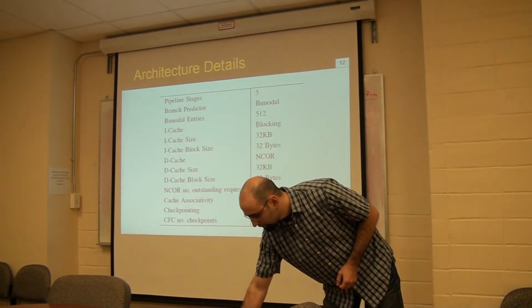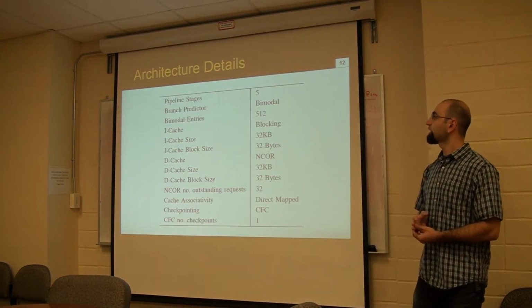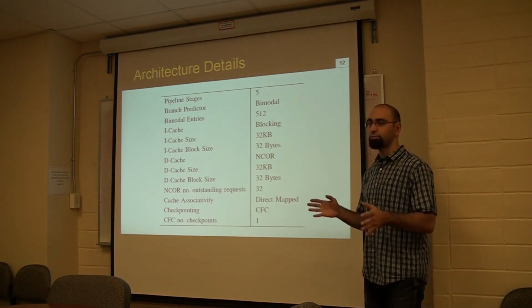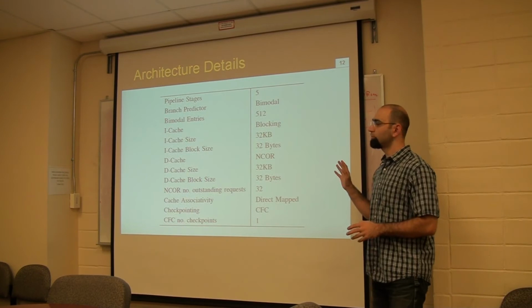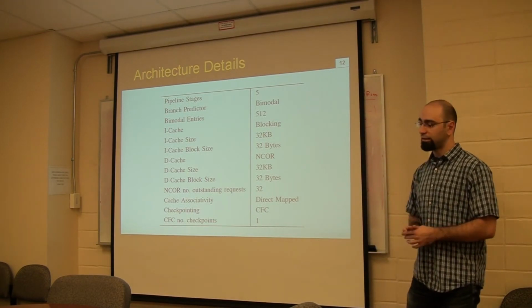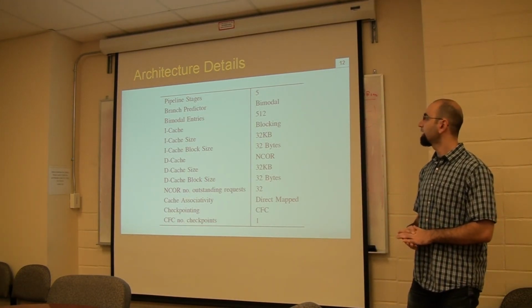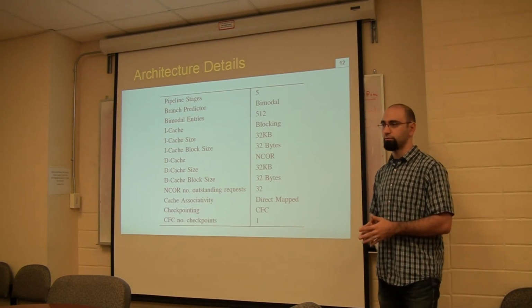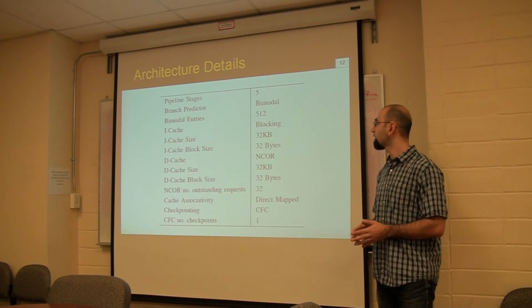Now, the processor that we actually synthesized is a 5-stage pipeline using a bimodal branch predictor. It's actually fairly accurate, and the instruction cache is blocking, as there was no need for a non-blocking cache for it.